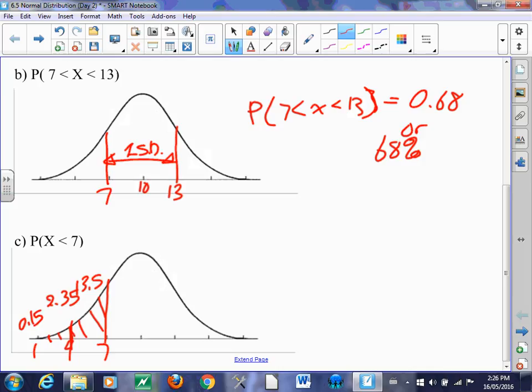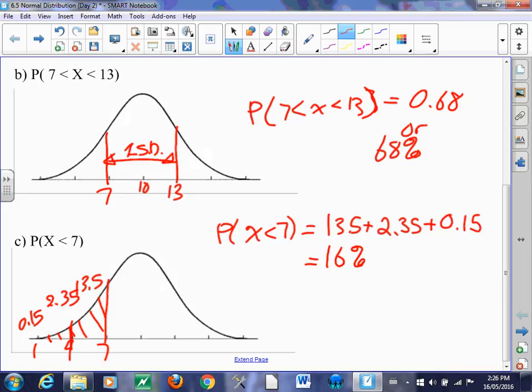So that's one way you might do it. So probability when x is less than 7 equals 13.5 plus 2.35 plus 0.15, which equals 16%, because those are percentages.